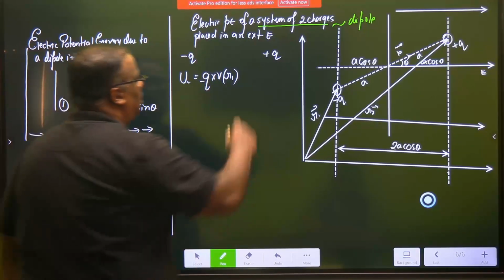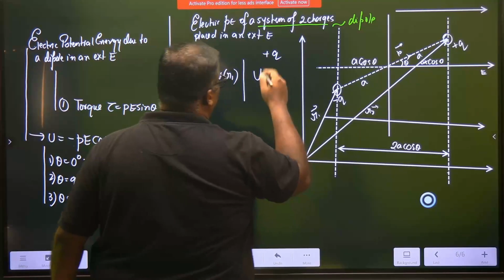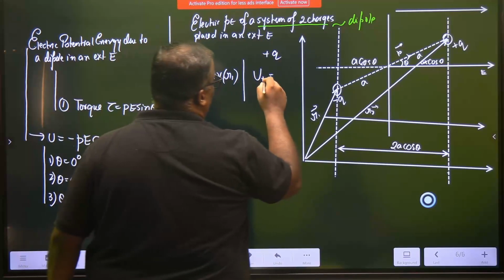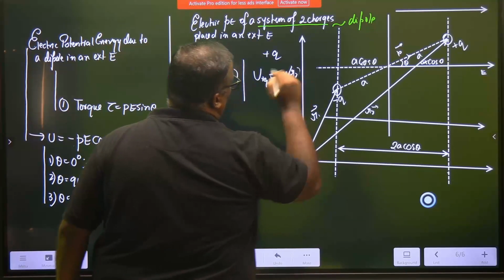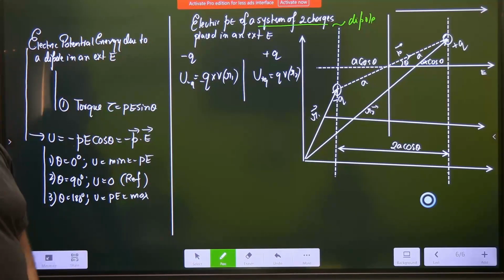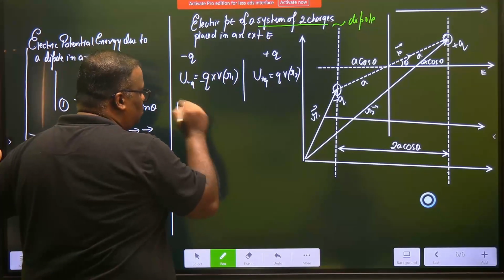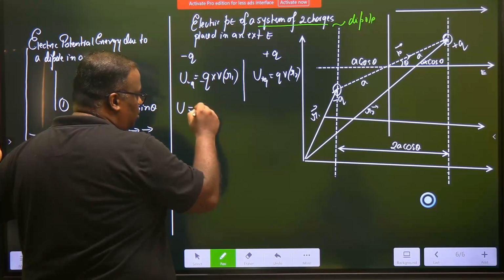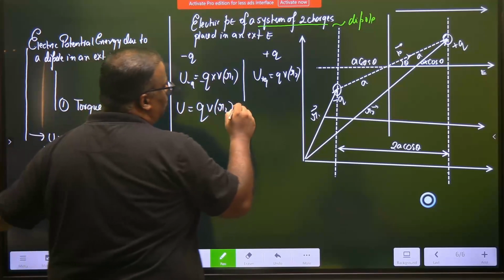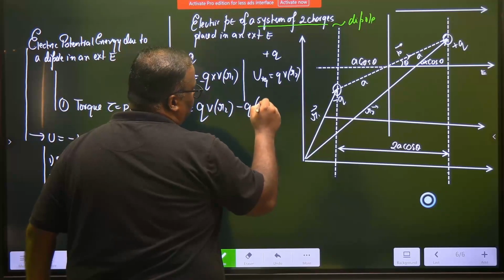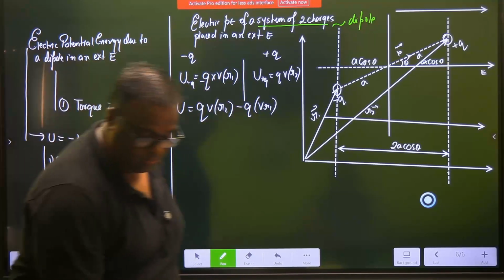Then the energy due to plus Q is Q into the potential at R2. Agreed? What is the net potential energy due to the two charges? It is Q times V at R2 minus Q times V at R1.